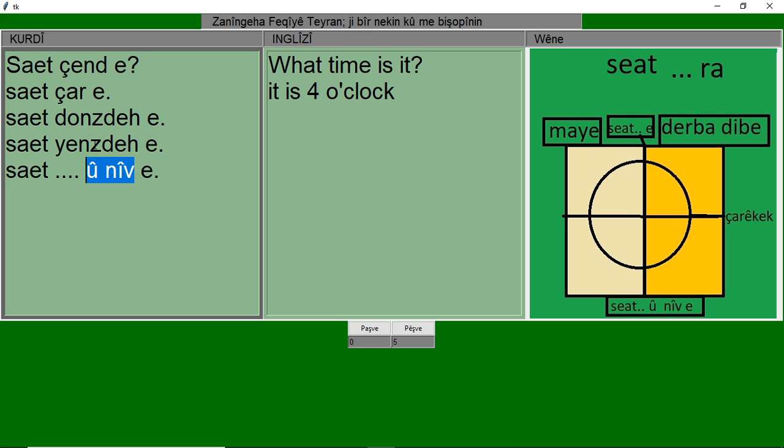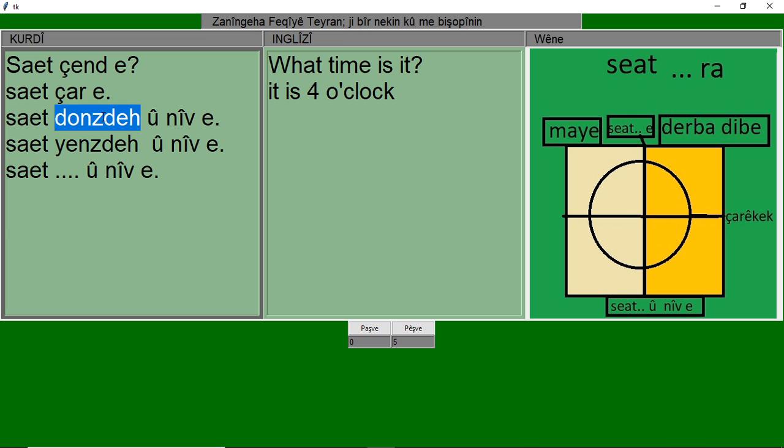When you want to say it is half past something, you put unif at the end of here. Now I say it is 12 unife, which means half past 12. And here I say half past 11. For any number, any hour, you add nive or unif. The difference is this.